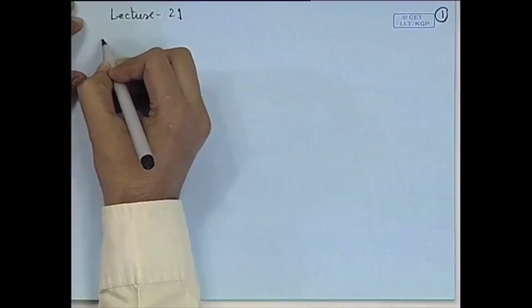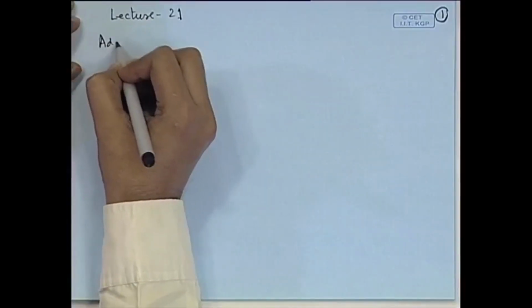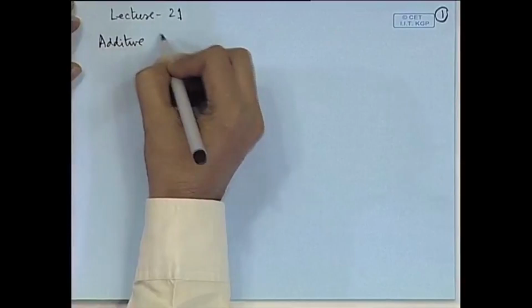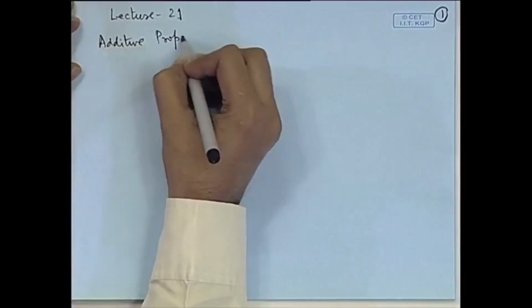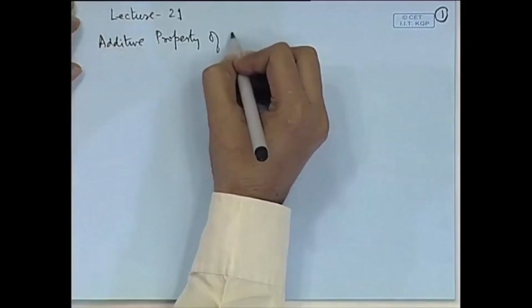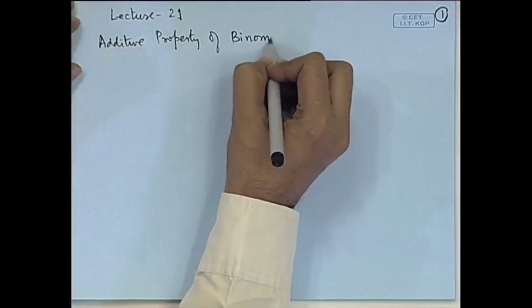Let me illustrate by proving additive properties of certain distributions. Firstly, let us prove the additive property of binomial distributions.